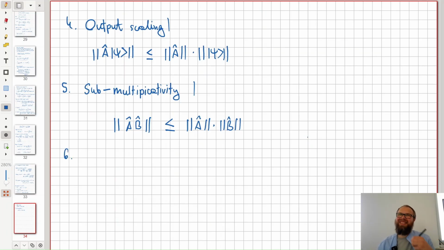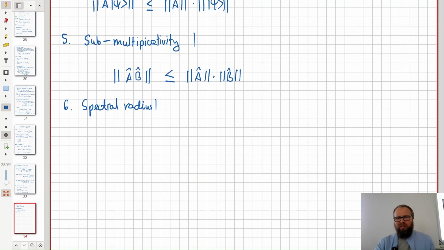And 6 is the spectral radius. As it turns out, there is a connection between the spectrum of an operator, that is the eigenvalues, and the norm of the operator. This is for the standard norm for sure. I don't know for Frobenius.